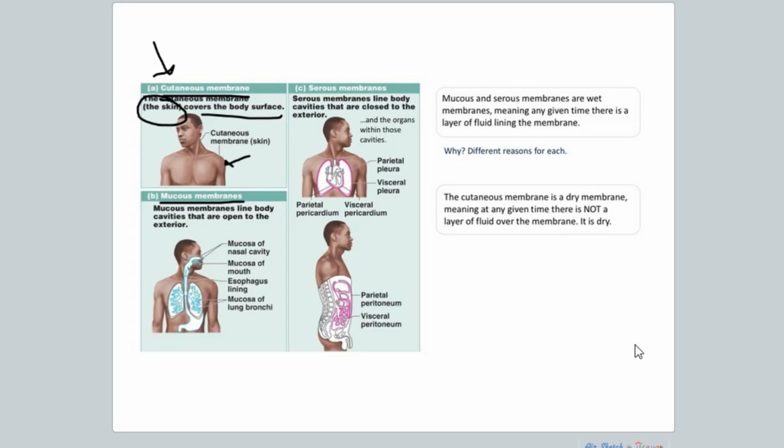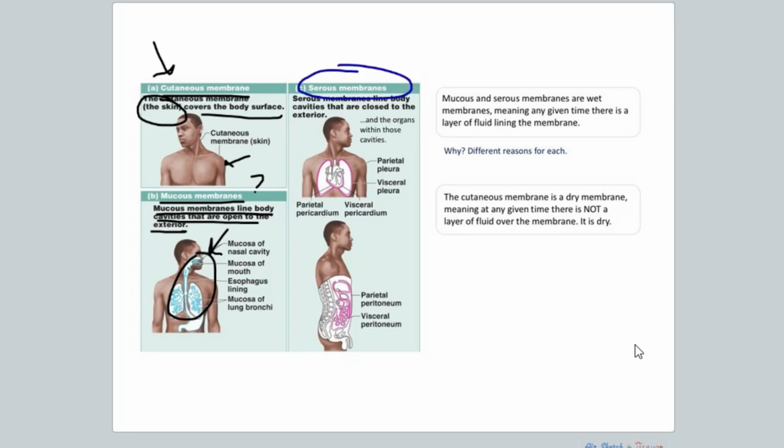Another type of membrane that we have in the body are called mucous membranes. Where do we find mucous membranes? Well, mucous membranes line body cavities that are open to the exterior. They line open body cavities. And here you can see the respiratory tract is an example of an open body cavity. So that's going to be lined with mucous membrane. And then lastly, we have what we call serous membranes.